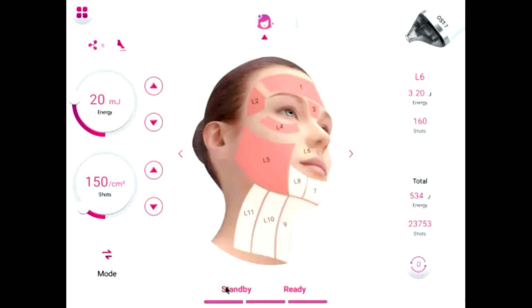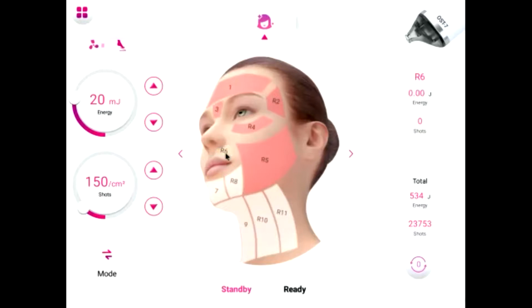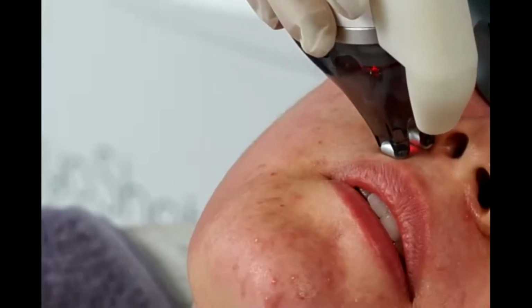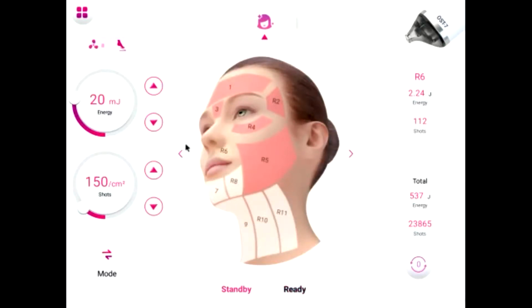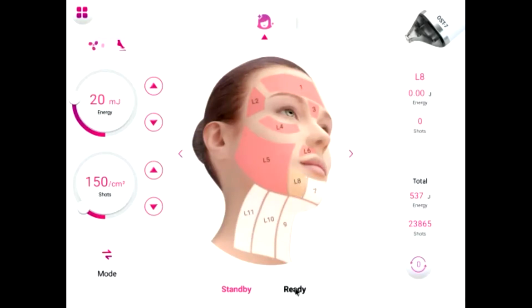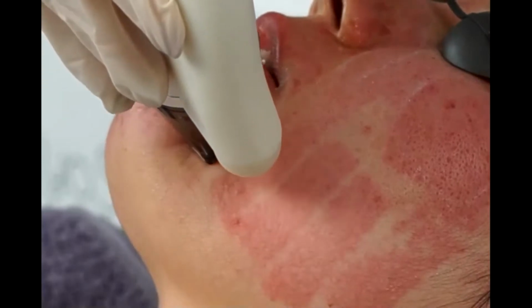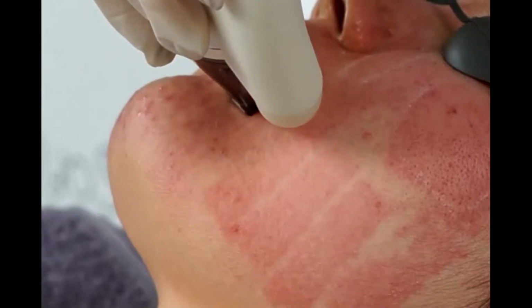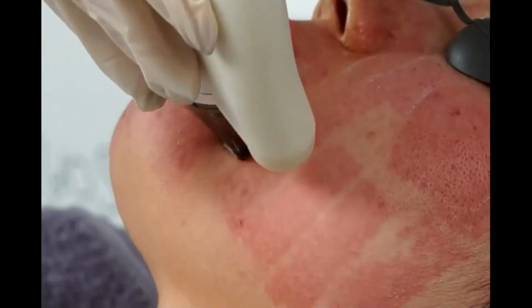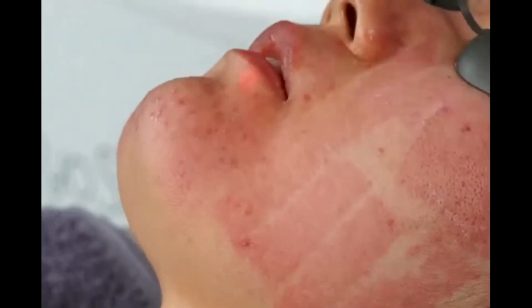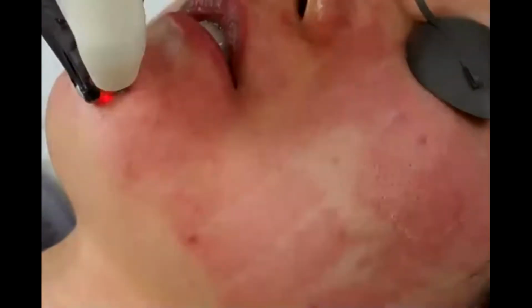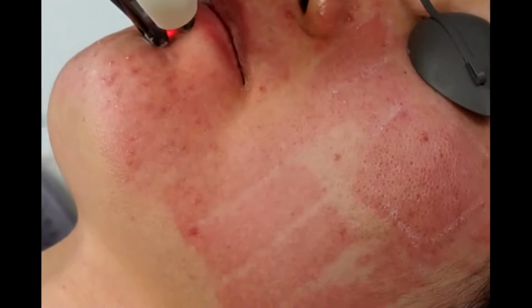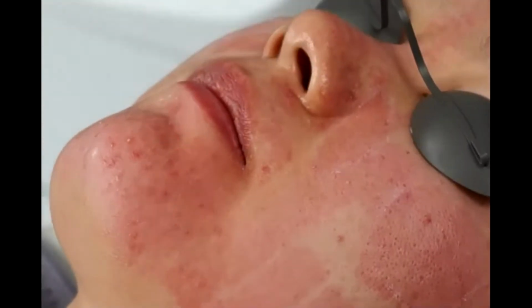Okay, another side. There are 8. 7. 7. Okay, another part.